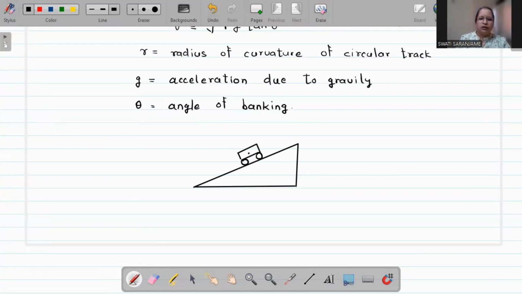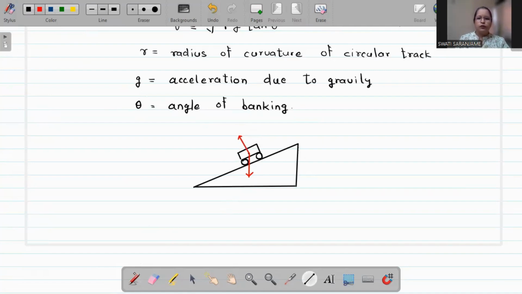So here the weight of the car naturally always acts vertically downward. At the same time, the road surface is exerting a normal reaction, and you all know this is perpendicular to the road surface.